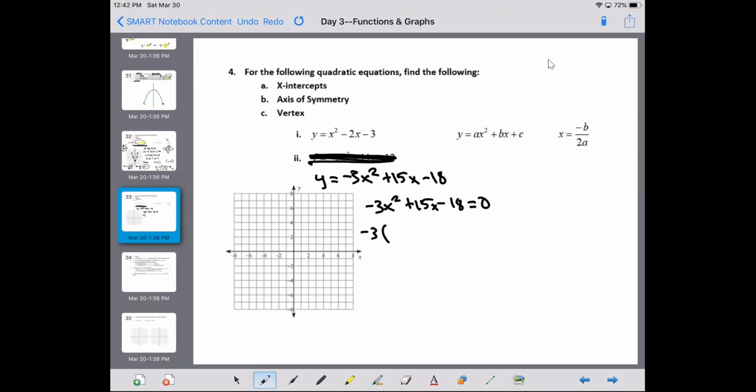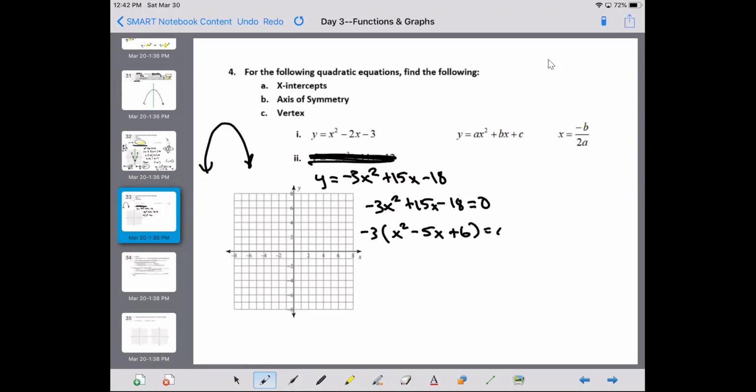I already know that this is going to open down because what indicates that? That's right, the a value. Since a is negative 3, you know this is going to open down. But I'm going to factor that out, and that's going to give me negative 3x squared divided by negative 3 is x squared. 15x divided by negative 3 is negative 5x. Negative 18 divided by negative 3 is a positive 6.